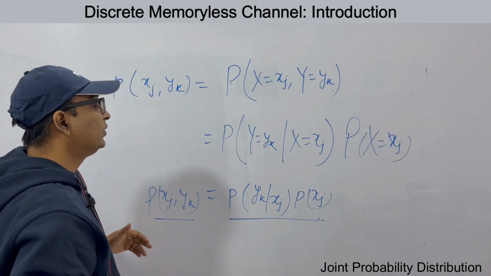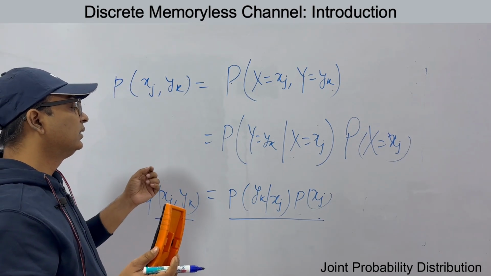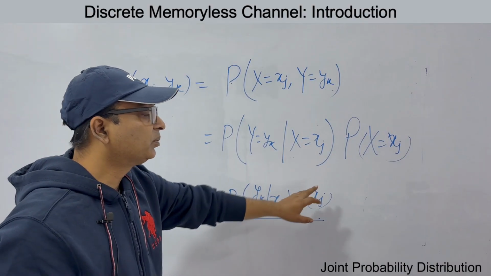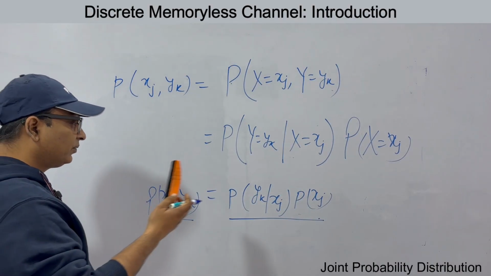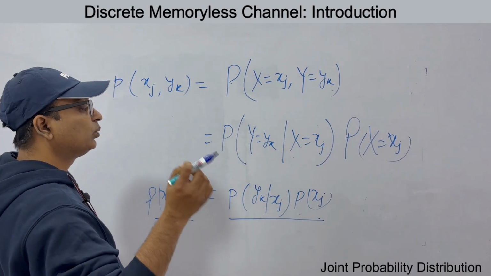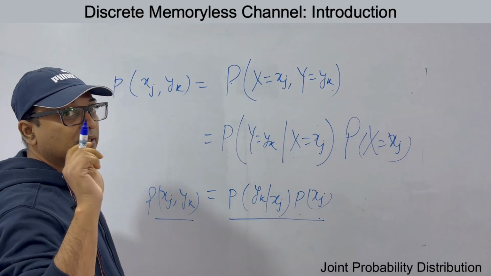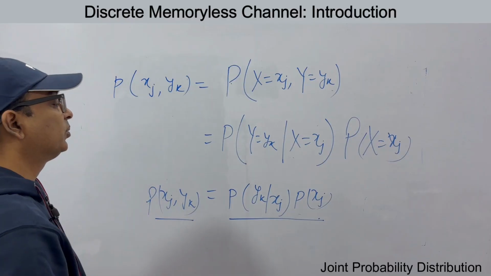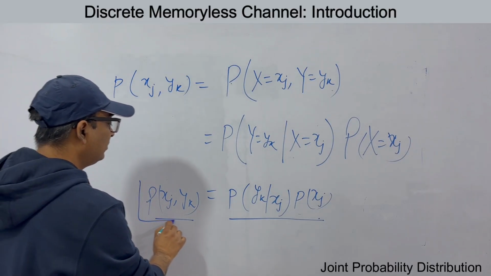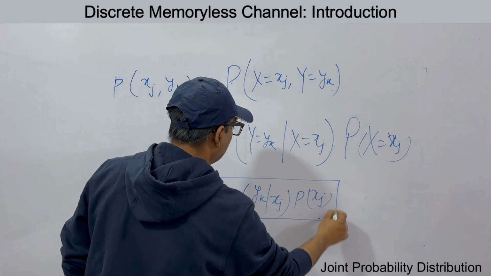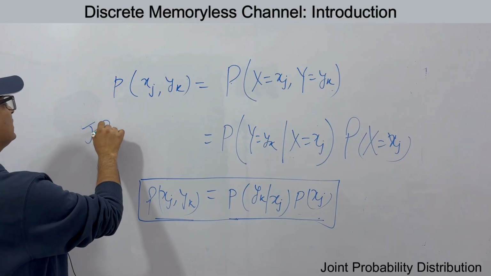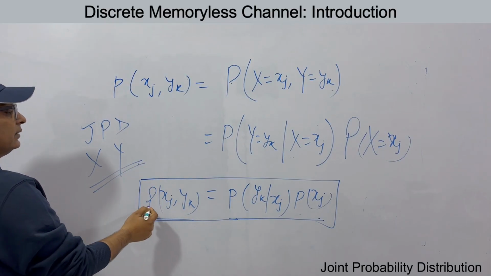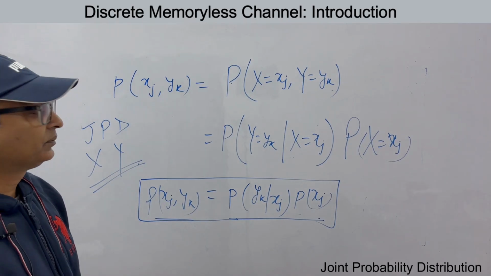Okay. So if you have to find for the term y1 x1, you will take probability of y1 given x1 into probability of x1. If you have forgotten, you should go to that particular chapter, conditional probability, and see what is the meaning of this and how we find probabilities. For the time being, you should remember this, that the joint probability distribution of the random variables X and Y is given as this.